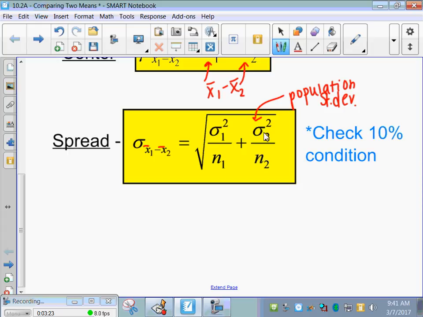And our other standard deviation, square it, and this just stands for the second one. And then divide by the number in the sample, and it's the square root of adding those. This comes from the fact that you always add variances and square root even when you're subtracting, which we learned back in like chapter 3. And don't forget, of course, to check the 10% rule, which we've been doing a lot of.